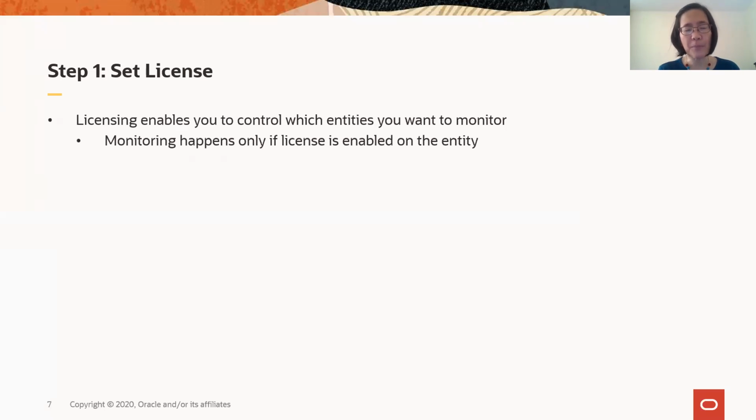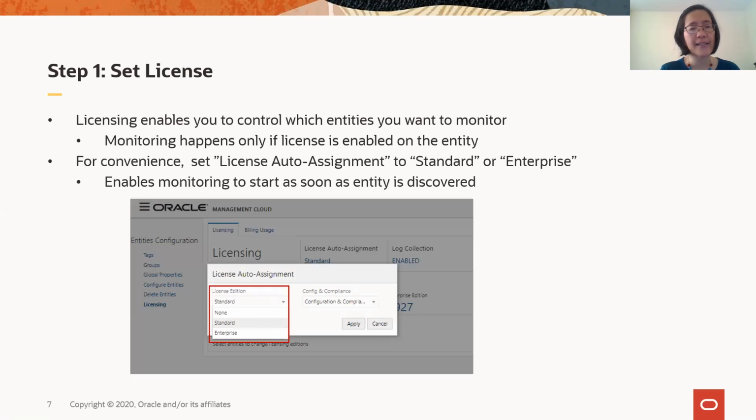So from a monitoring perspective, think about it, right? You discover the entity for monitoring, and then you have to think about the license, right? So that flow is a little bit, maybe disruptive to the monitoring flow per se. However, you do want the license set. So to make the flow more streamlined, what we have is a feature called license auto assignment. And using the license auto assignment feature, you can set the value to either standard edition or enterprise edition.